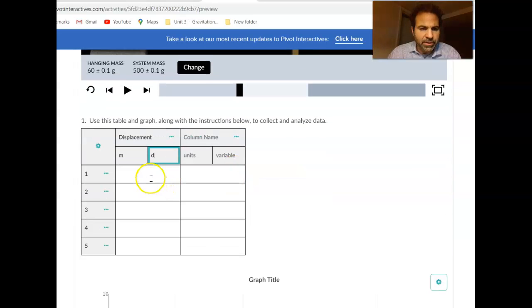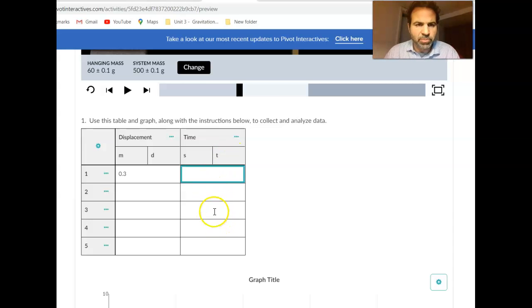It went 30 centimeters, that's 0.30 meters. Then I'm going to record how much time it took, units seconds, variable t. That was 0.7208 seconds.